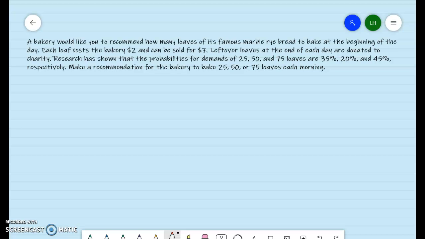So for this problem, we need to focus on profit. So the formula that we need to look at is the expected monetary value, which is the same thing as the mean, equals the sum of x times the probability of x.